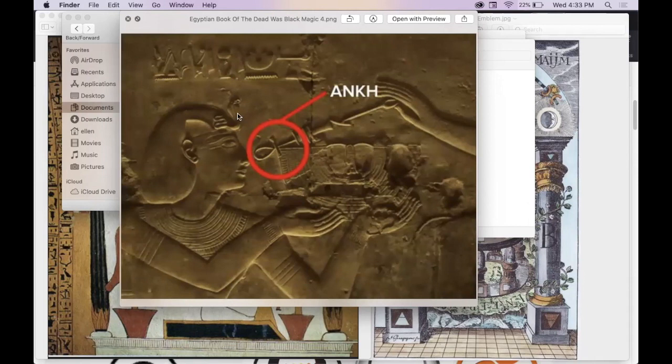Here is the initiate with the serpent, which is, of course, a cobra, as we see oftentimes in Egypt. The cobra is a hooded snake, and it expands as it rises.